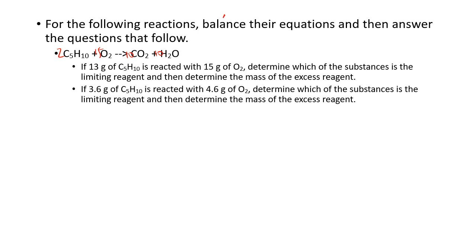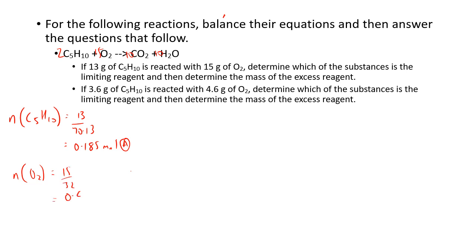Number of moles of C5H10 will be equal to 13 over 70.13, which is equal to 0.185 mole, which we'll call A. Then we work out the number of moles of O2, which will be equal to 15 over 32, which will be equal to 0.469 mole, which we'll call B.